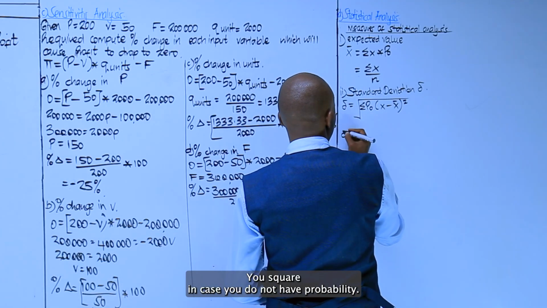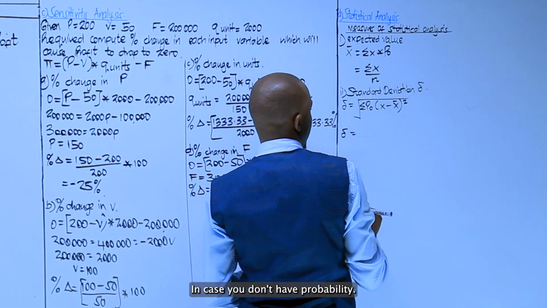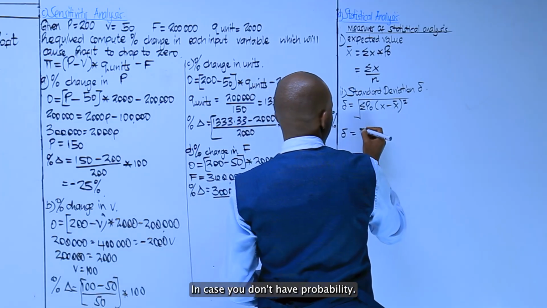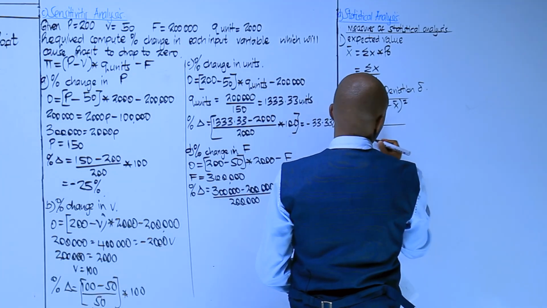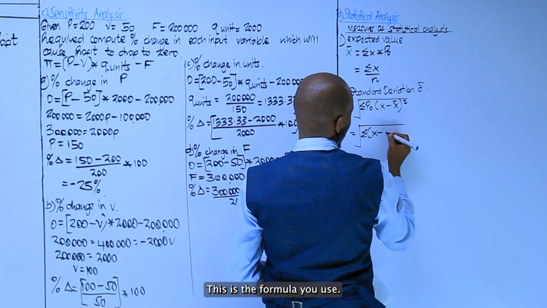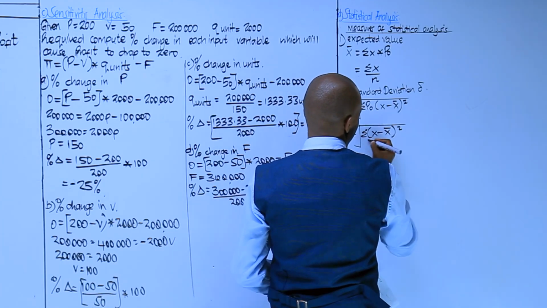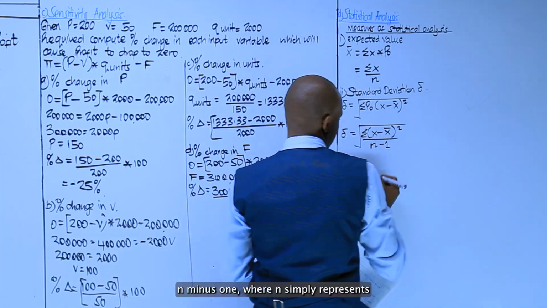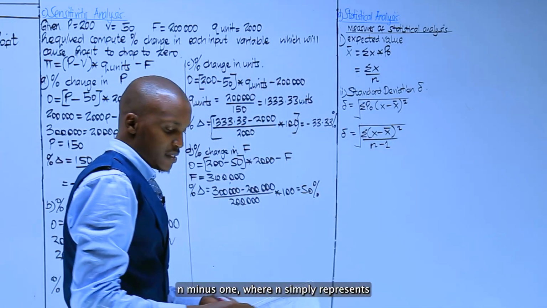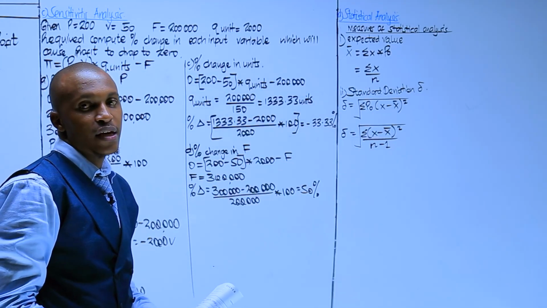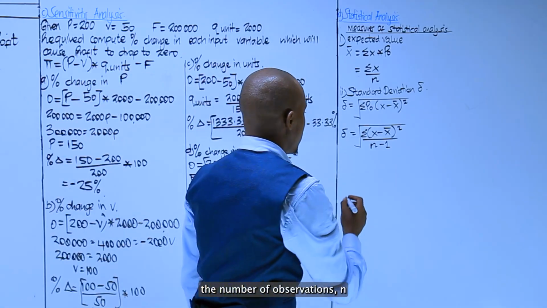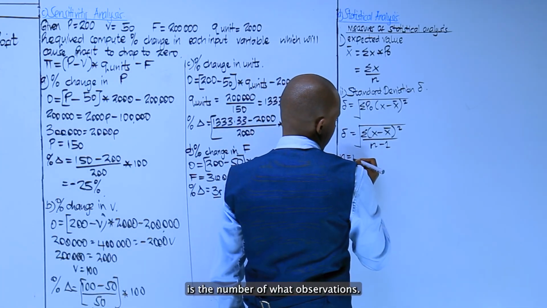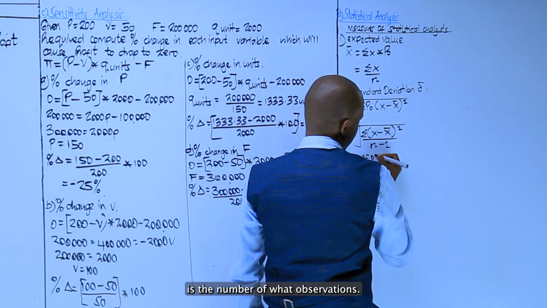In case you don't have probability, this is the formula you use, divided by N minus 1, where N simply represents the number of observations.